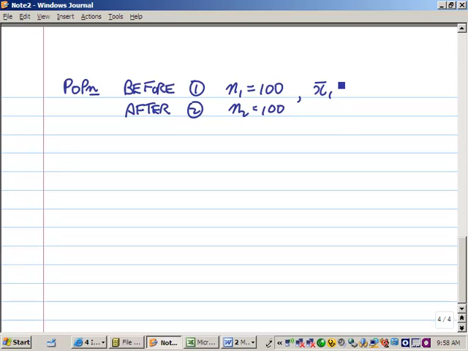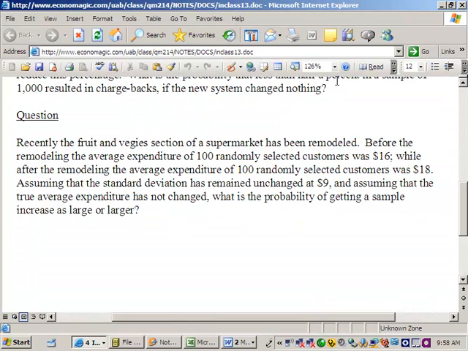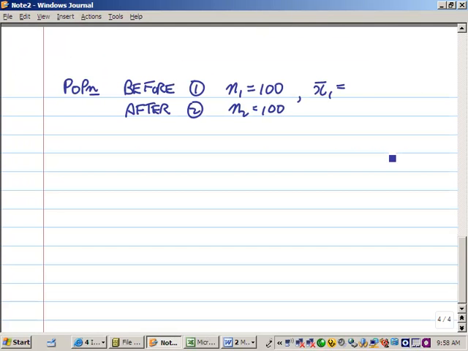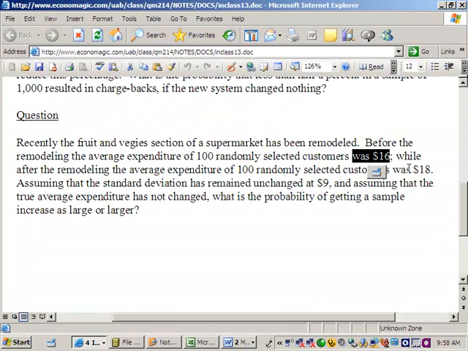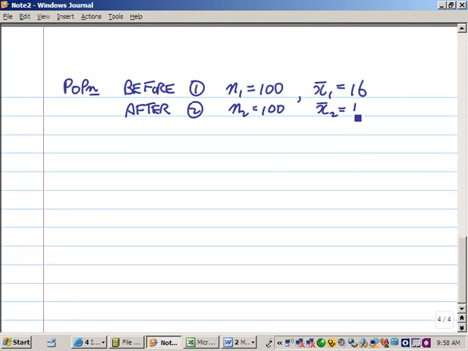Before the remodeling, the average expenditure was $16. And after remodeling, the average expenditure was $18. Sorry, I called that population. That's not true, clearly. That's basic sample data.